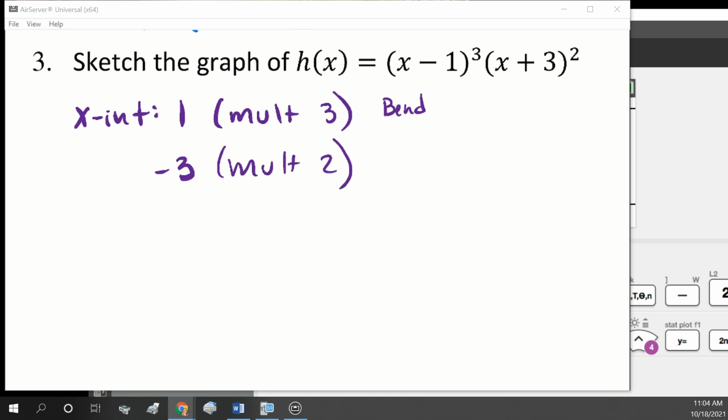And what is it going to do at the x-axis? It's going to bounce. All right. And then the other thing we're finding today is the y-intercept. So we would find h of 0 by putting 0 in for all of your x's.